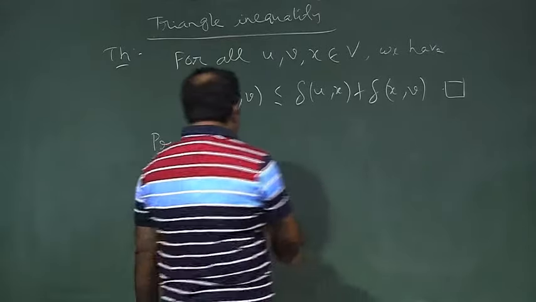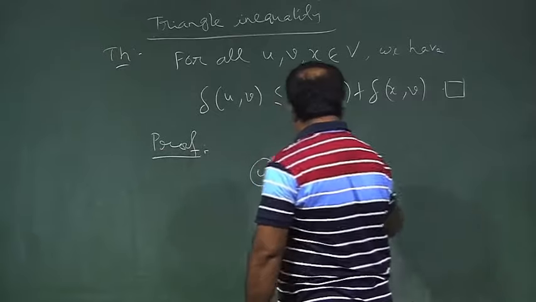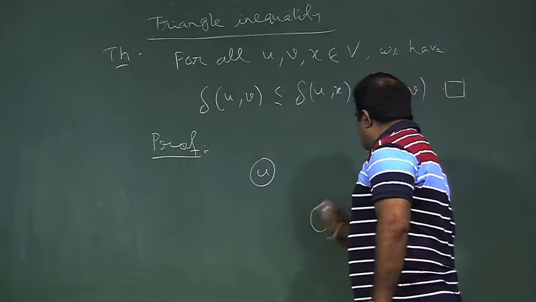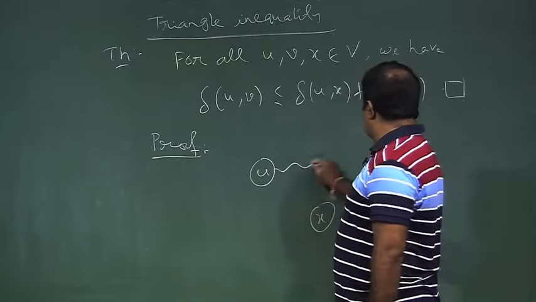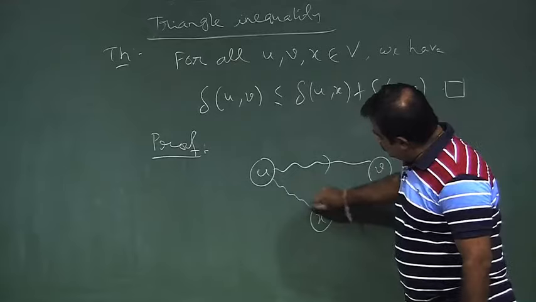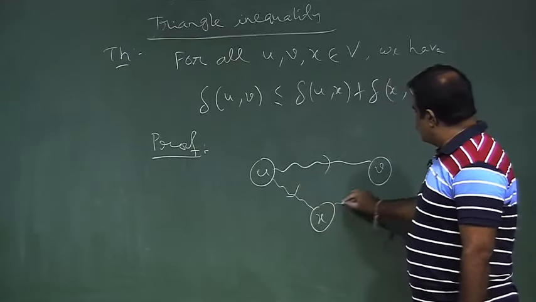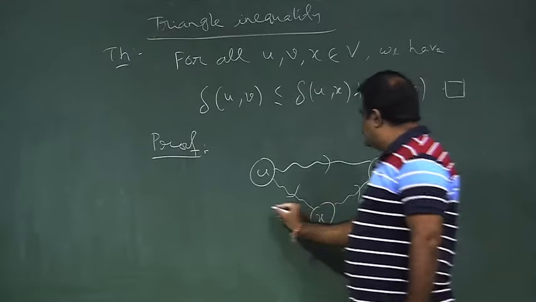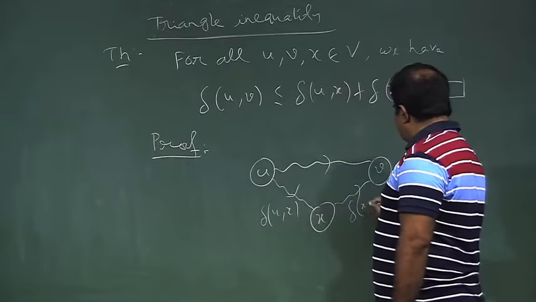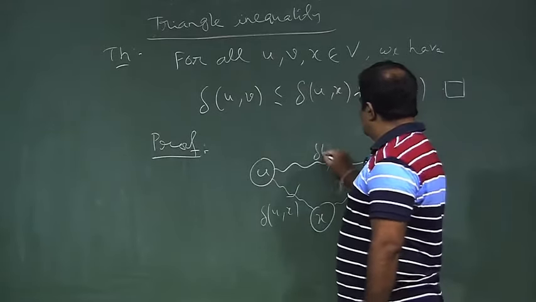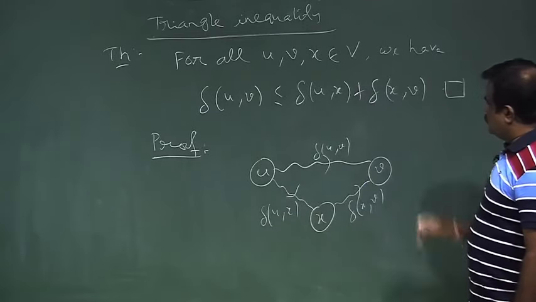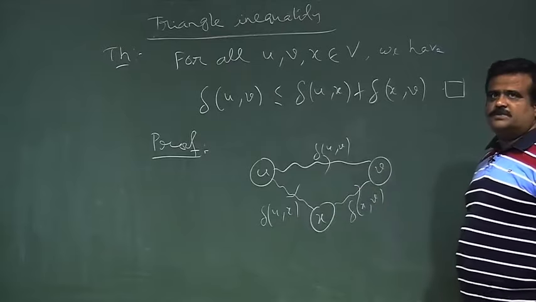To prove this, let us take the vertex u, the vertex v and the vertex x. We are talking about the shortest path from u to v, and the shortest paths from u to x and x to v. This is delta of u to x, this is delta of x to v, and this is delta of u v. The theorem is straightforward from this picture.